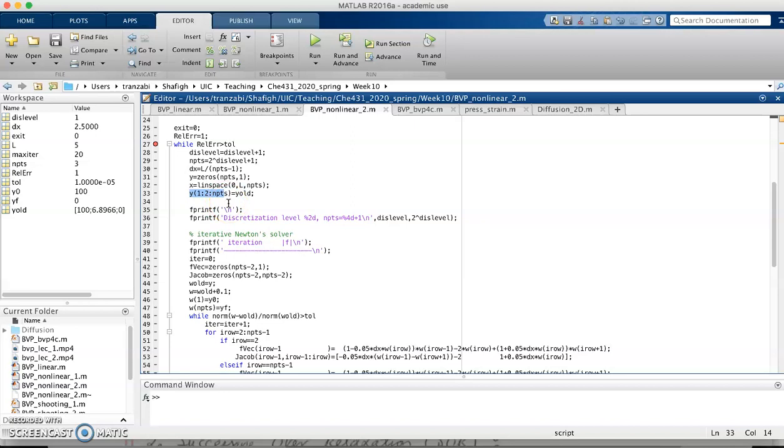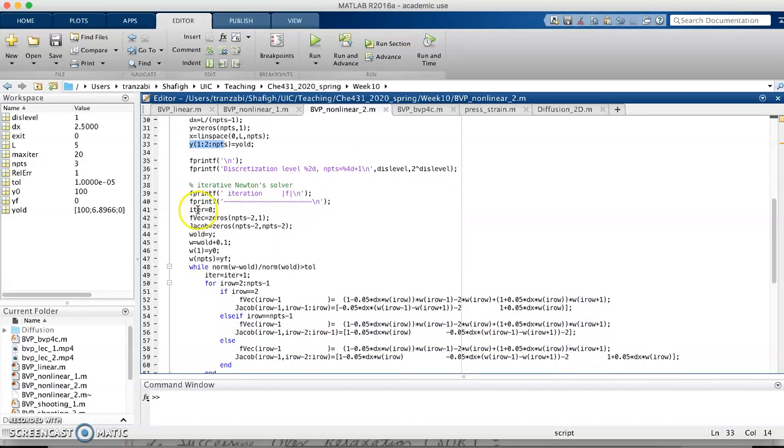So that's how we used the converged solution of the previous discretized level as the initial guess of the next discretized level. All right, I initialize my f vector, which is the vector of the equations in the Newton's method. I set up the Jacobian to be a 0 matrix of n minus 2 by n minus 2. Why n minus 2? Because out of n points, you know 2 of them. So you're left with only n minus 2 variables.